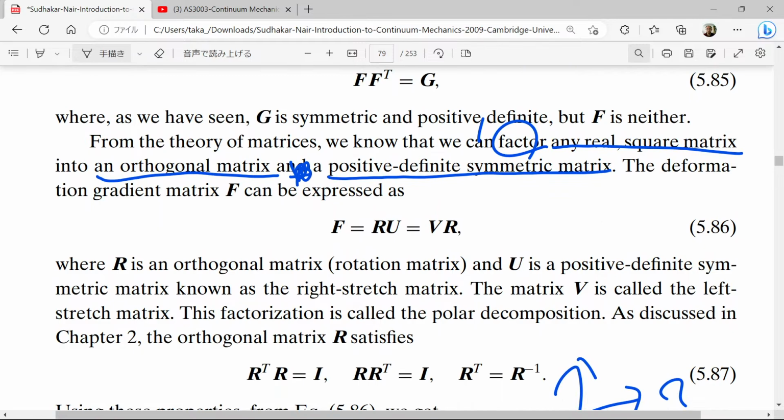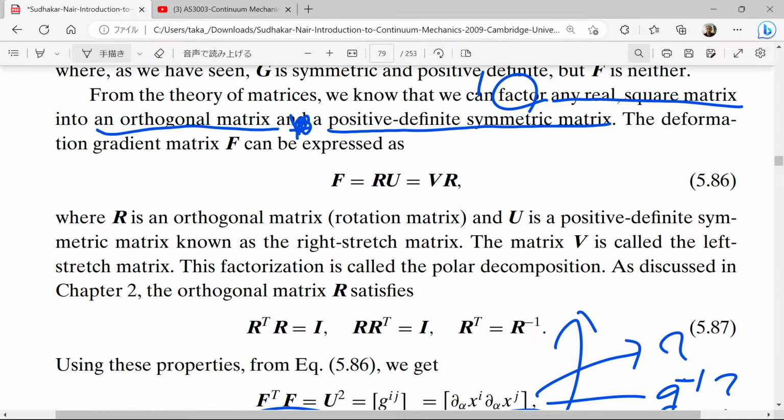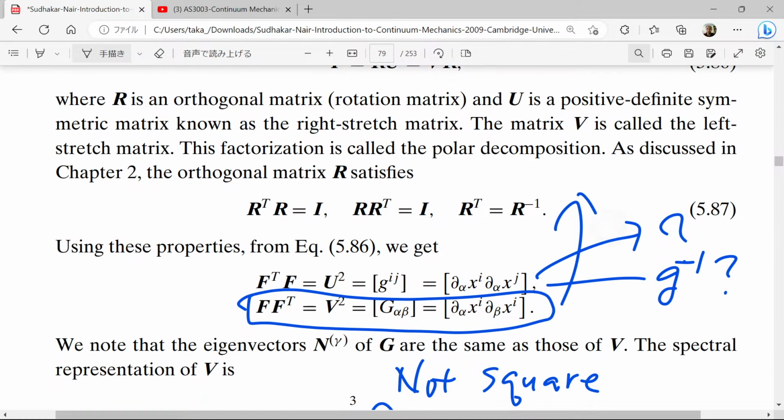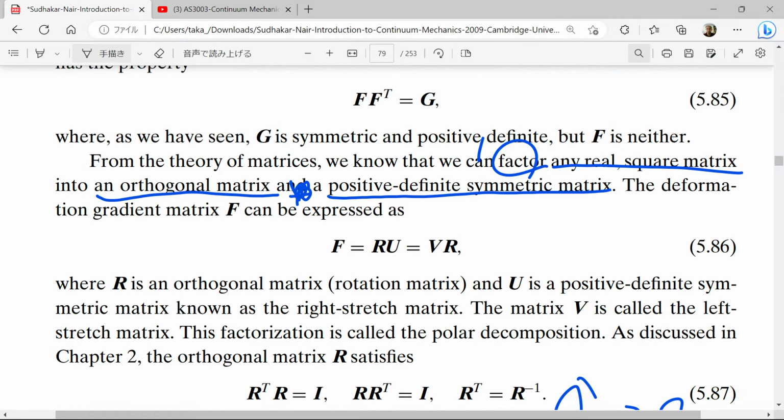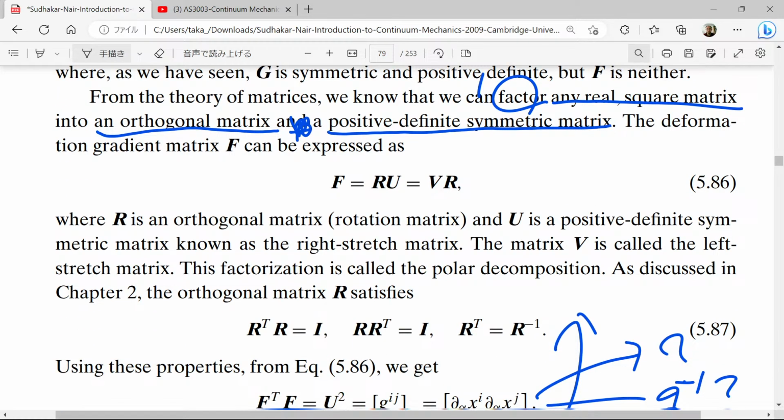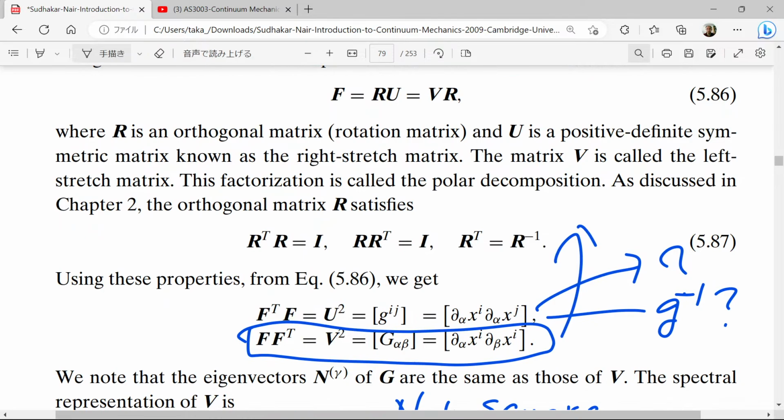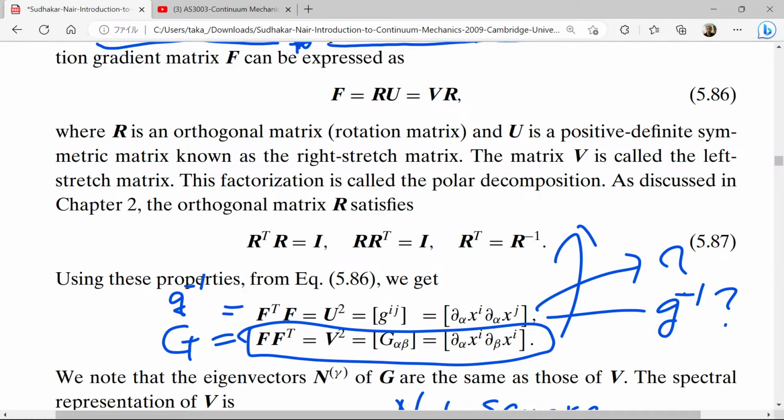Very interesting. I think we have to say something like this. This is actually a G. G is this, and G inverse is this.